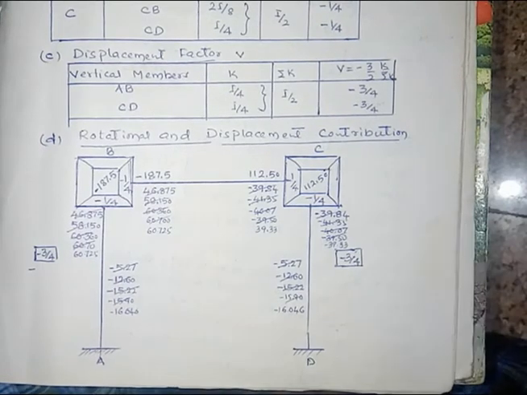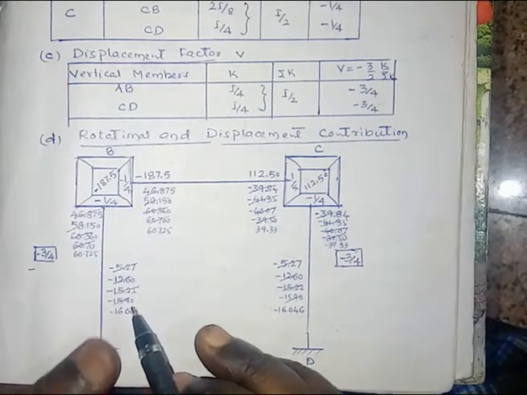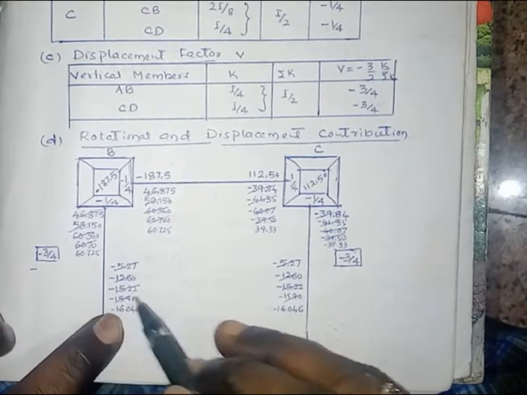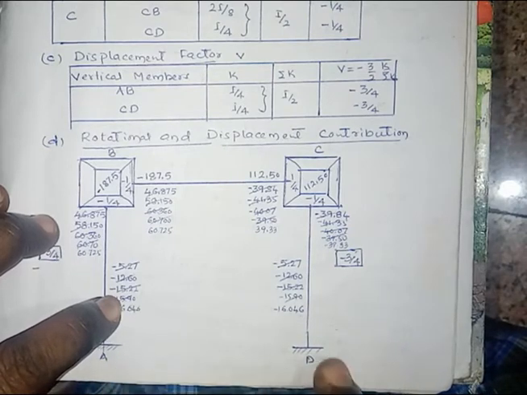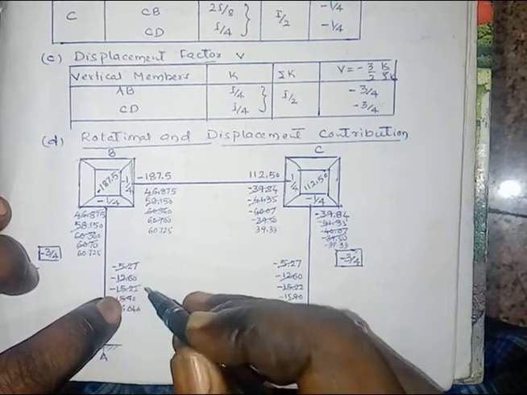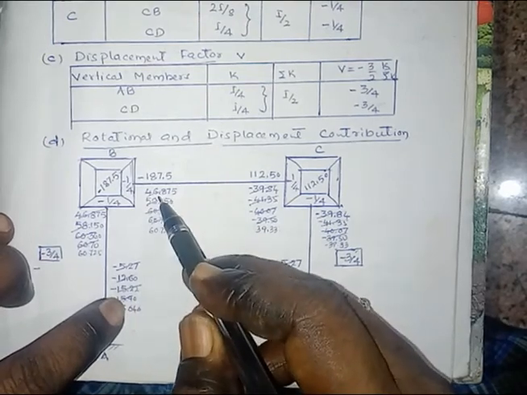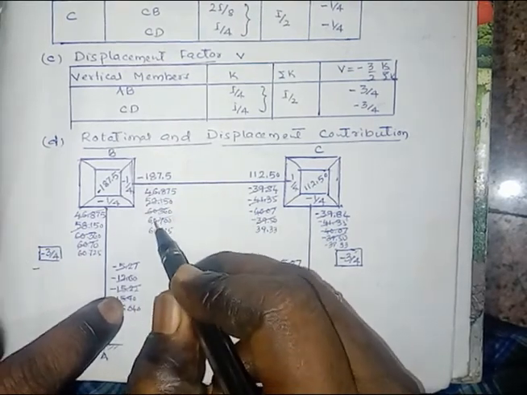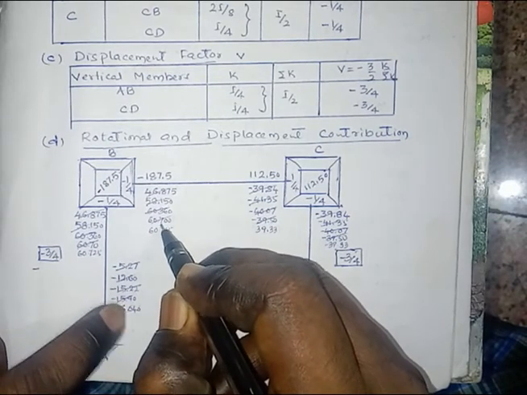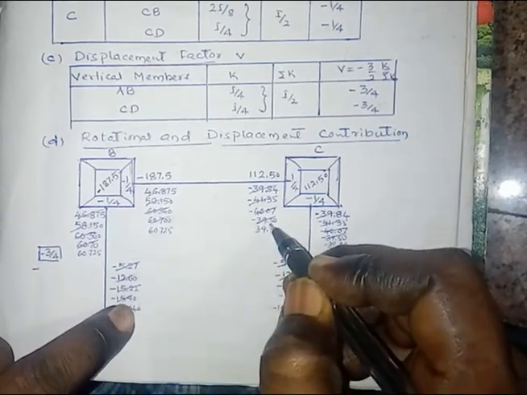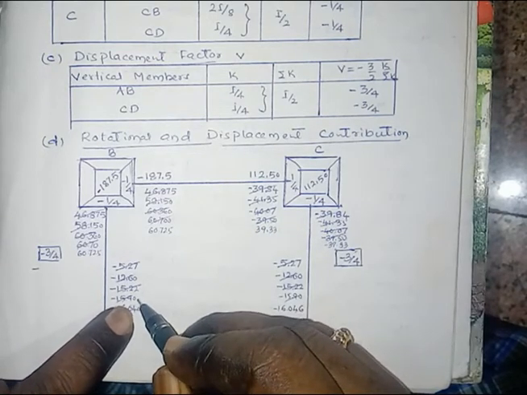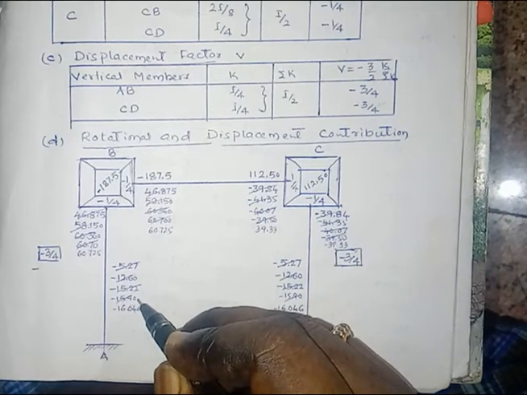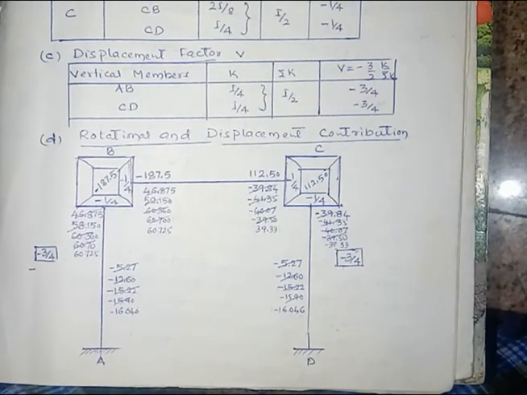Then the displacement contribution is given by the displacement factor, that is minus 3/4. Inside the bracket, the sum of the lower end rotational moment contribution, that is 0, plus the far end or upper end contributions, that we have just calculated, that is 60.7 minus 39.50, then times minus 3/4, you will get minus 15.90 for the vertical member AB.